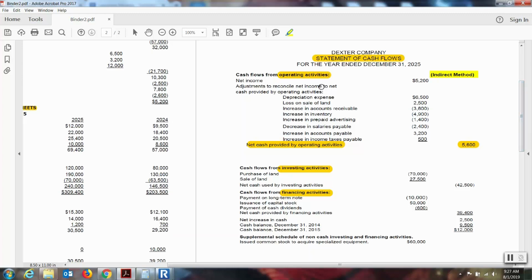Before we go further, let me remind you there are three sections to every statement of cash flows minimally. We have the operating activities, investing activities, and financing activities.